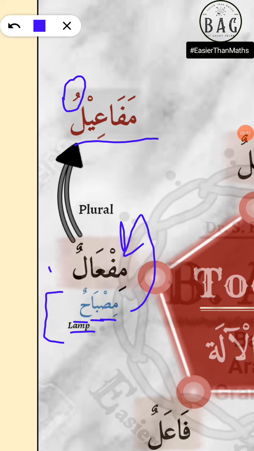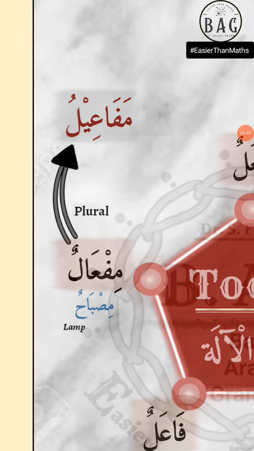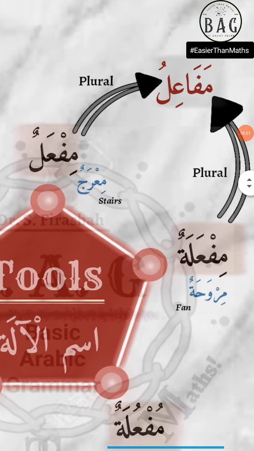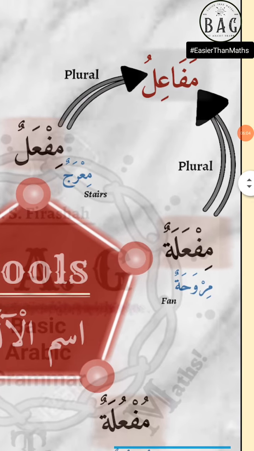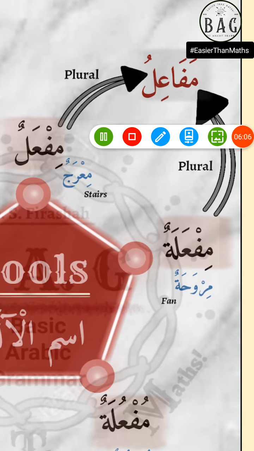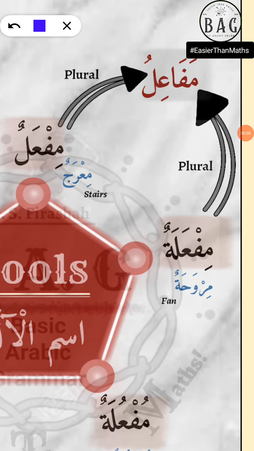Okay, so that's what. Now, the next two patterns are quite identical or similar. So our second pattern is mif'alun, okay, and the third pattern is mif'alatun, okay. So once again, when you superimpose the root letters over these two patterns, you're going to get the derivative.